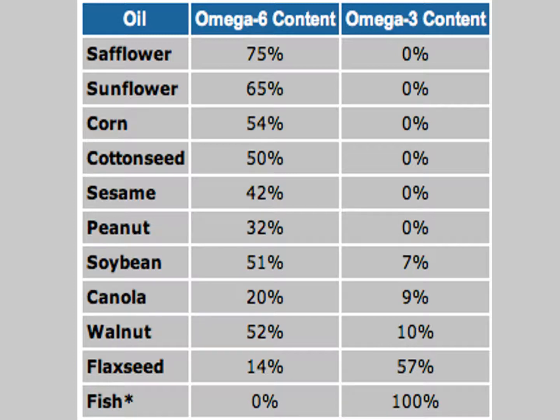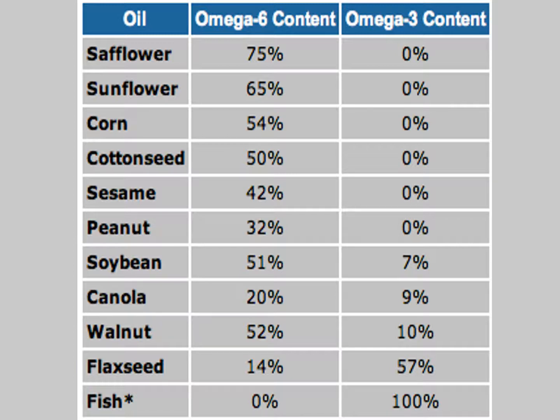You notice up at the top, safflower and corn have 0 omega-3s. So if you don't use olive oil, a good choice would be canola because it's high in mono compared to other plants, but it also has some omega-3s. It's not a 2-to-1 ratio, but it's better than using corn oil or something like that. But if you can use olive oil, that's kind of the oil of choice.